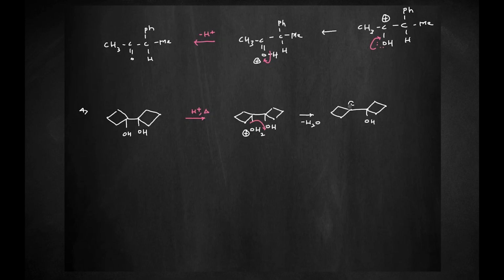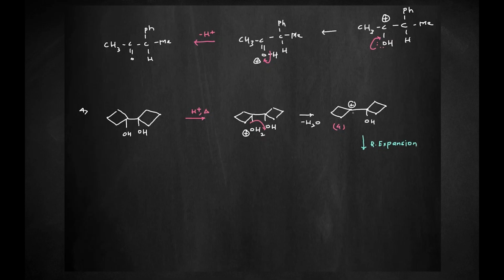this will be your carbocation. Got it? Now look at here. This is the four-membered ring, and we know that here ring expansion can occur. Ring will get expanded. Ring expansion can take place.